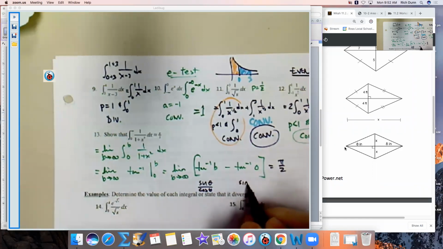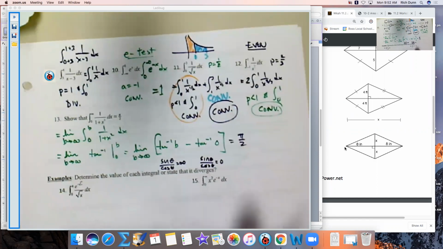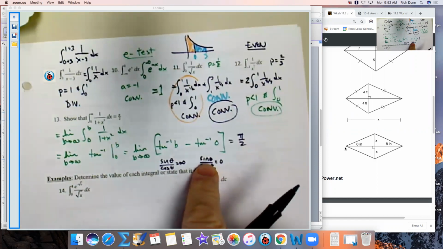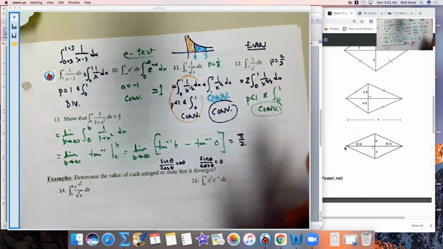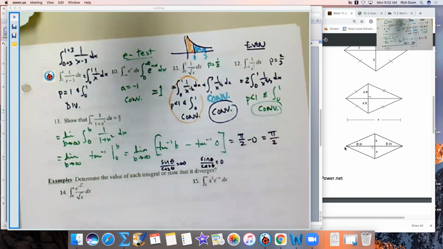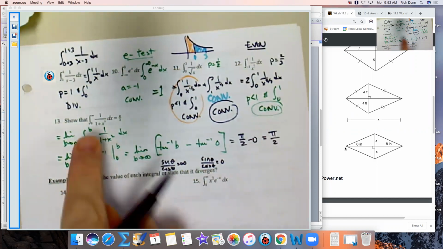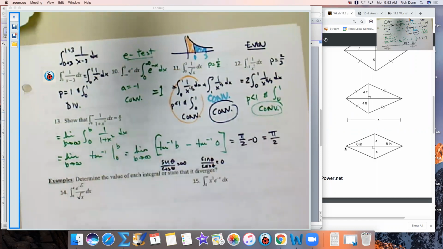Likewise, this is going to infinity. If we evaluate this at 0, that's when our numerator sine goes to 0, and sine goes to 0 at 0, which means we have shown that this integral from 0 to infinity will equal pi over 2.